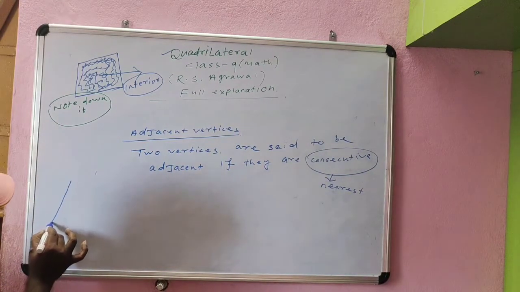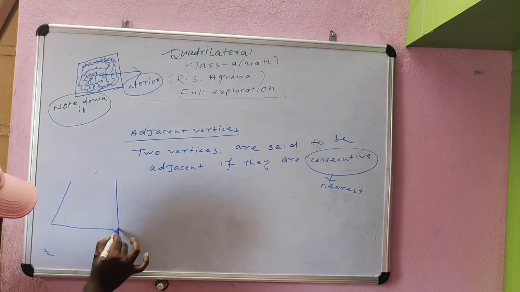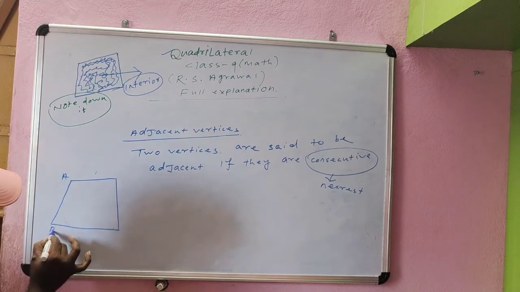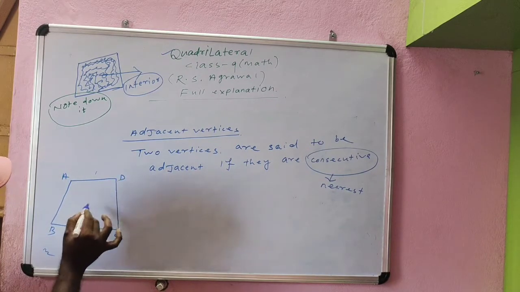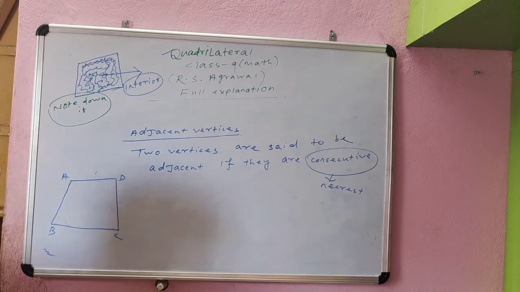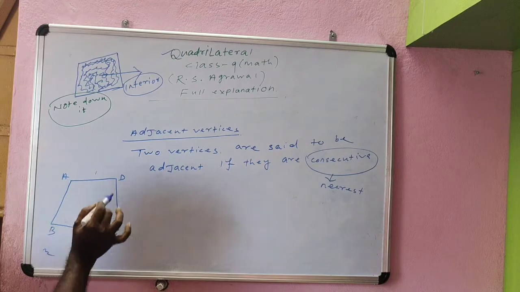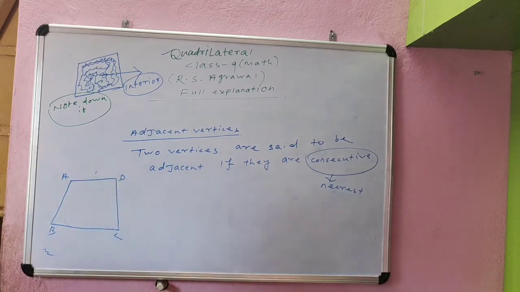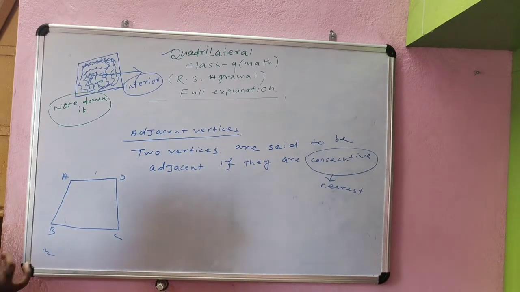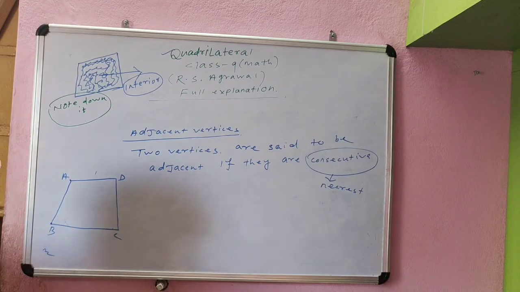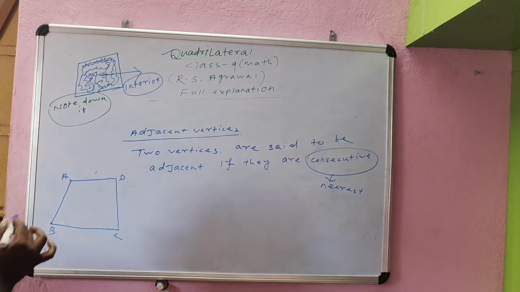Suppose it is ABCD quadrilateral. You see that A, B, C, D are the four vertices. If you take vertex A and vertex B, why? Because they are nearest.